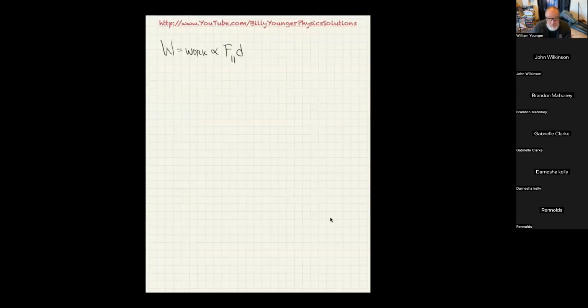So I'm writing W, the symbol we use for work. And you'll see in a second, it's supposed to be approximately F parallel times D. F parallel means the component of the force parallel to the distance vector.